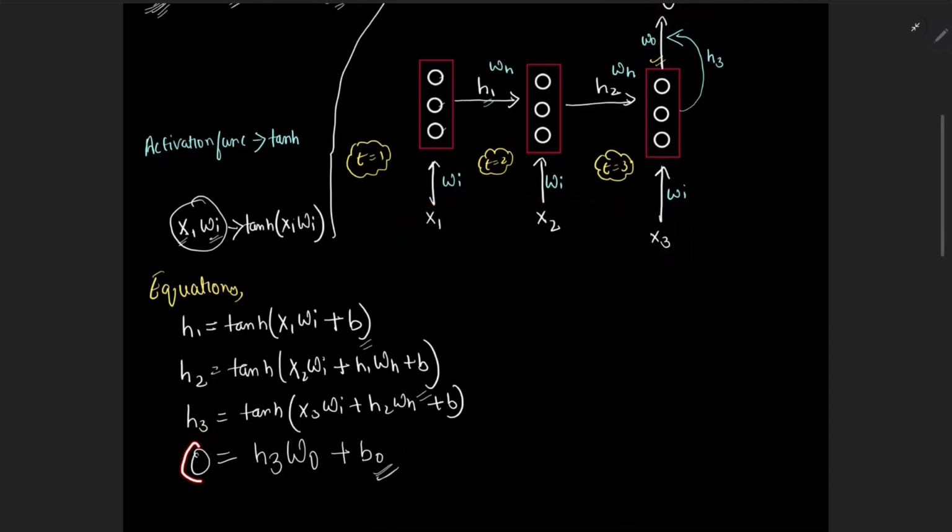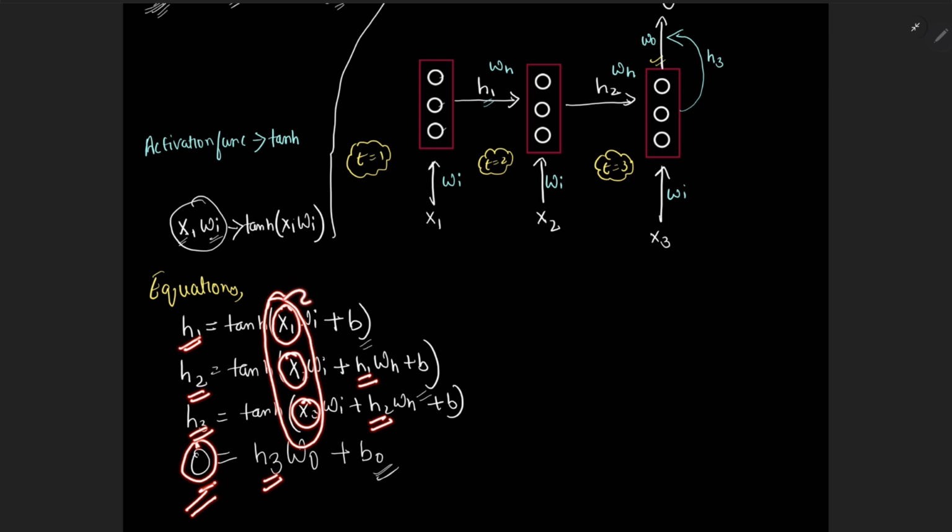You can see this output O has a component of h3, and we know h3 is taking x3 and a component of h2. h2 is taking x2 and a component of h1. This h1 is taking x1. So directly and indirectly, this O is taking into account all the previous inputs x1, x2, x3.